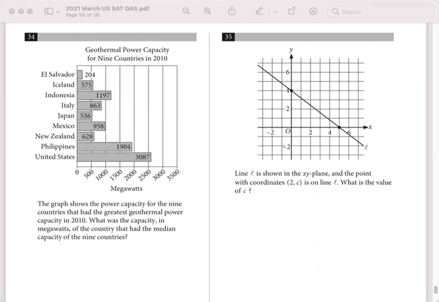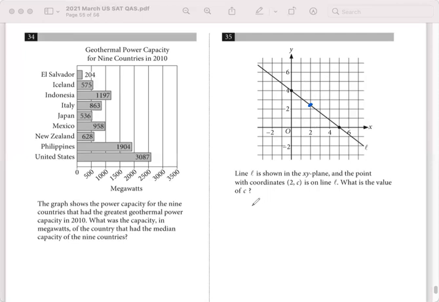Question 35. Line L is shown in the xy plane and the point with coordinates 2, C is on line L. What is the value of C? Right. So we have the coordinates, so we can actually find the equation really quickly. I mean the intercepts.